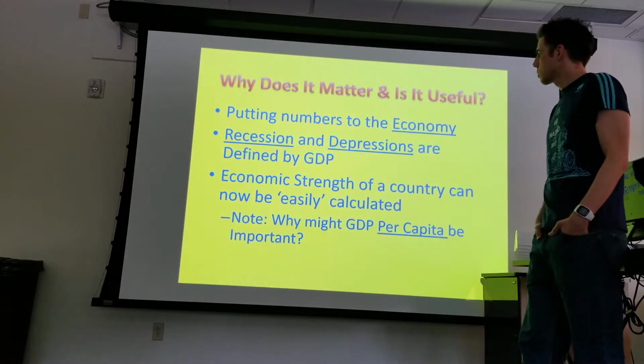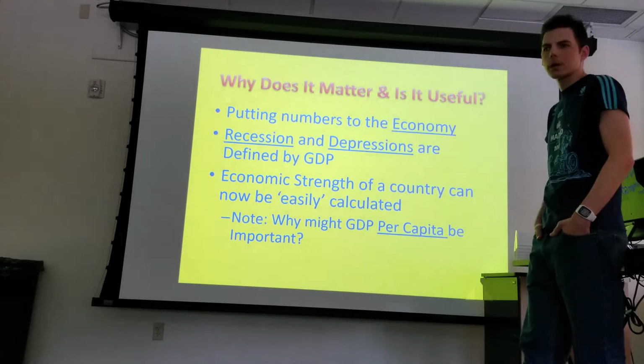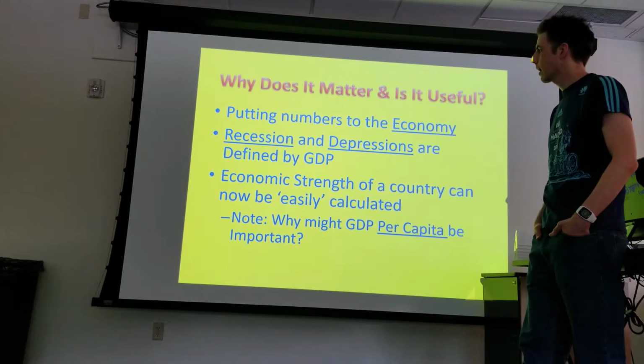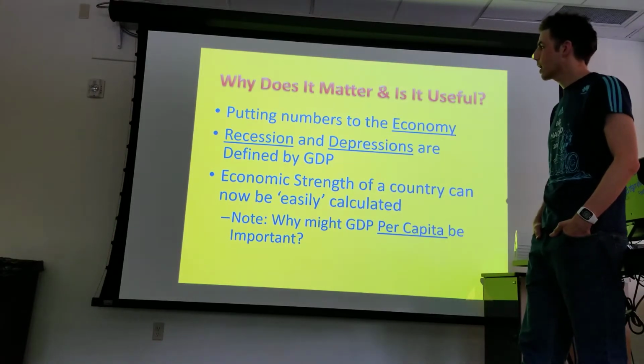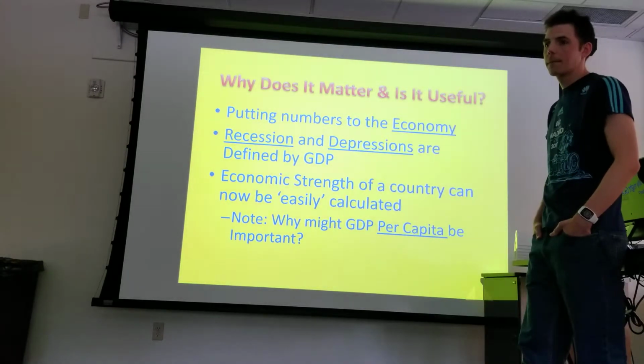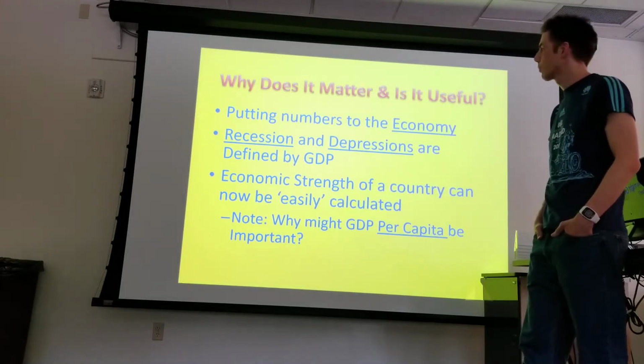But these are countries with high GDP per capita, and it's not a fair comparison. The US still has the highest GDP per capita, I believe, and China has the biggest GDP in terms of things produced, but if you're the average Chinese citizen, you're not real well off, right?